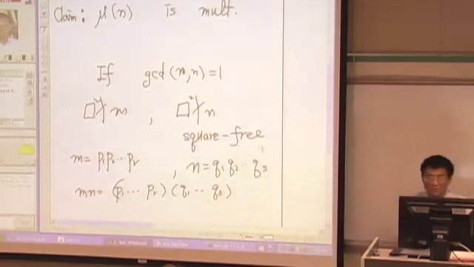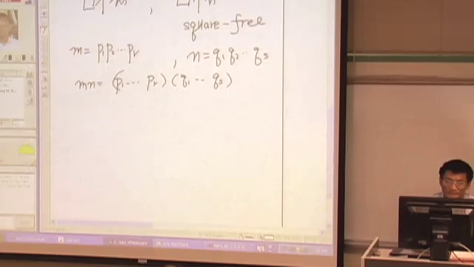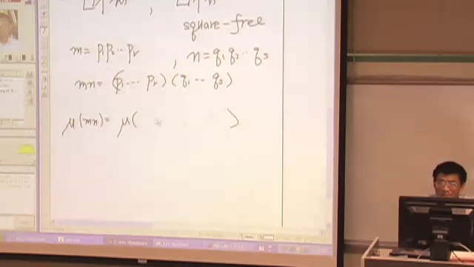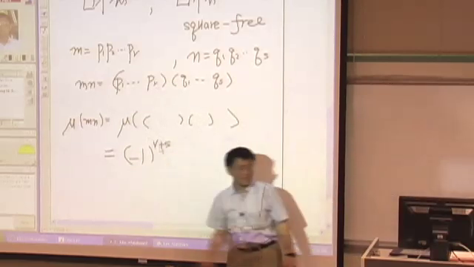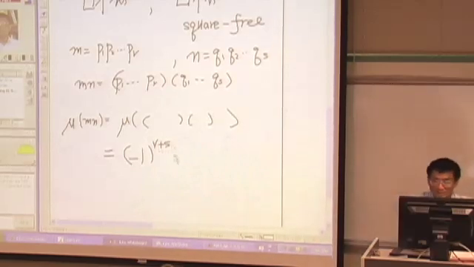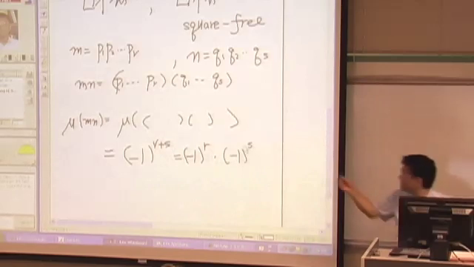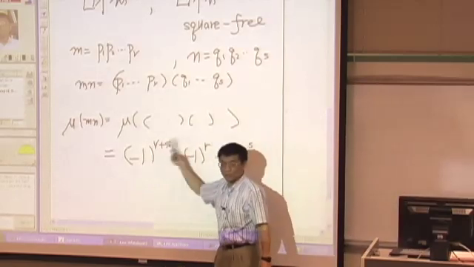So, mu of m times n equals mu of this whole set of numbers, right? Then, how many distinct primes? r primes, and then r plus s distinct primes, right? And then we can multiply -1 r times, and then multiply -1 s times, right? This is the power in this exponent, right?